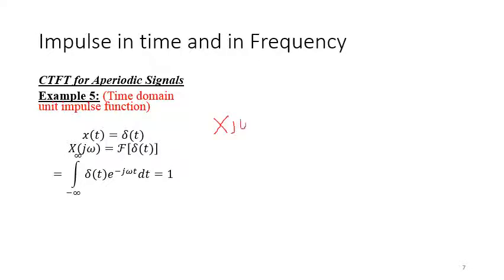We denote it by x of j omega, the transform coefficients, and we say the integration from minus infinity up to infinity, and the input signal is impulse of t, and we have e power minus j omega t, and it's d of t because it's in time domain.